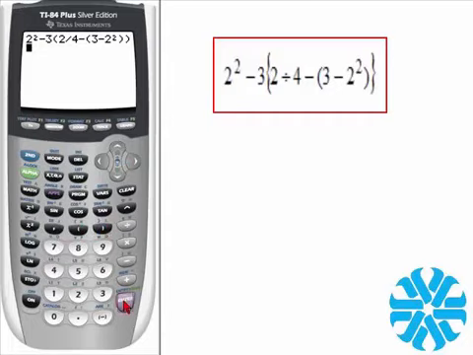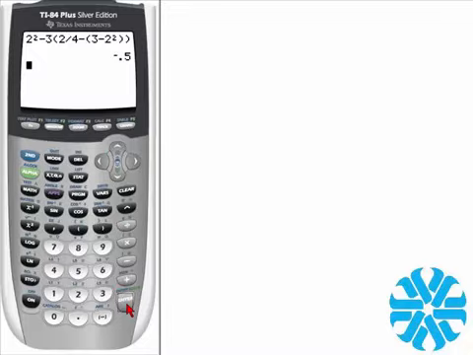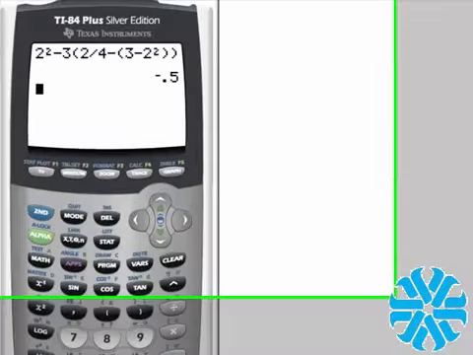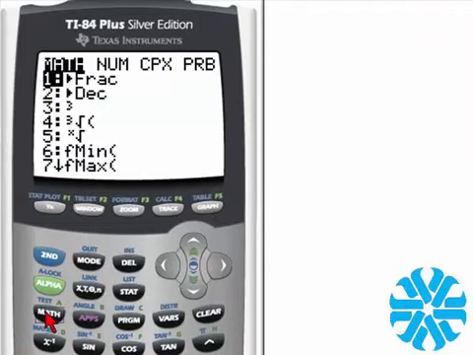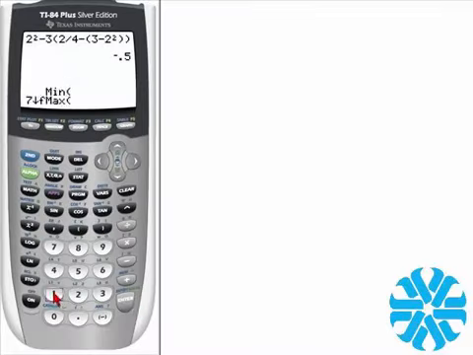So we hit enter and we will get our answer, which is -1/2. And just a quick reminder that if we wanted to convert that to a fraction, you would go to the math button, hit number 1 for frac, and then hit enter. And there you have it, -1/2.